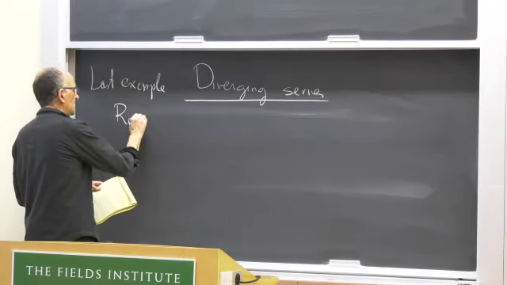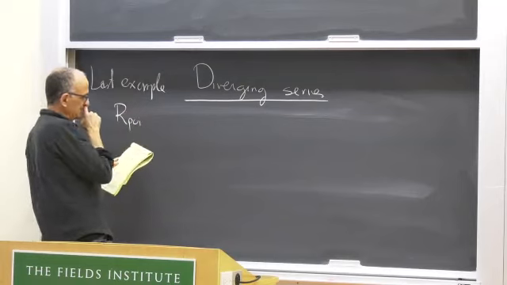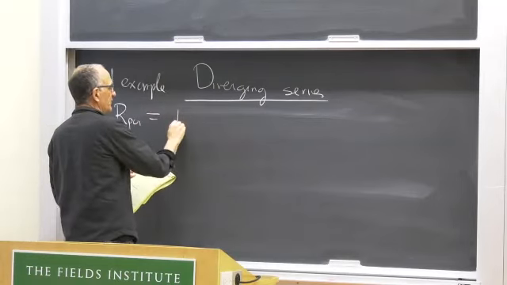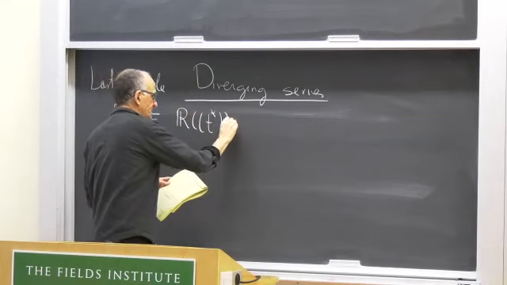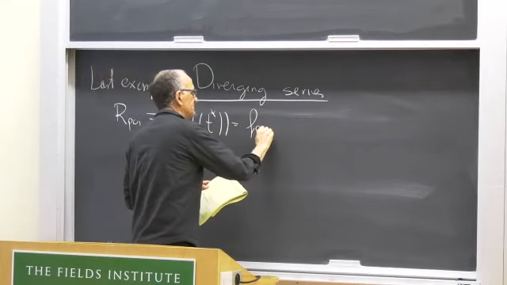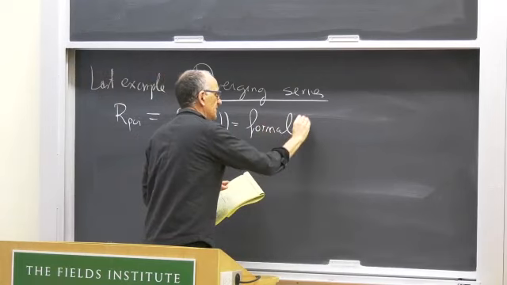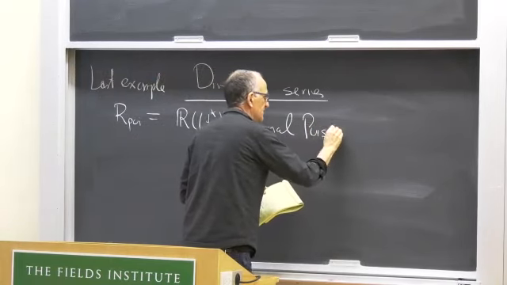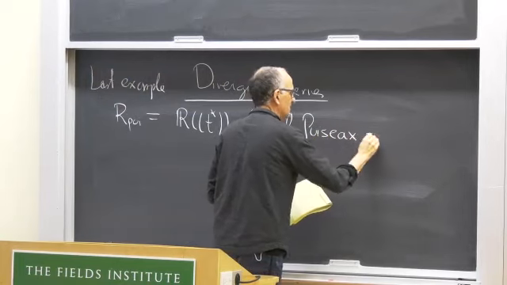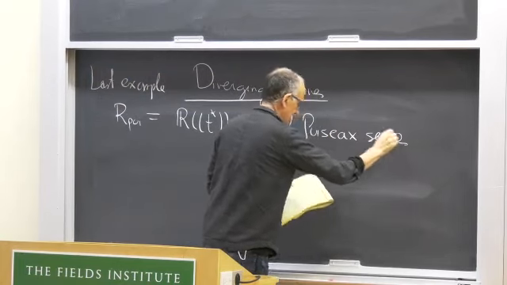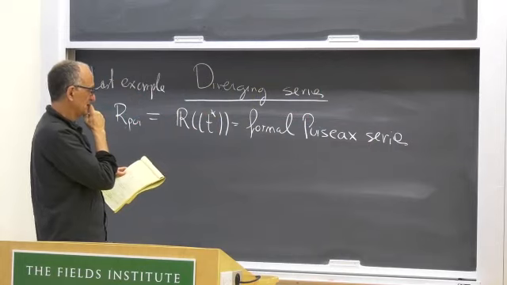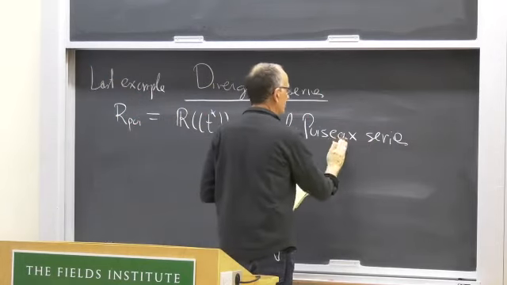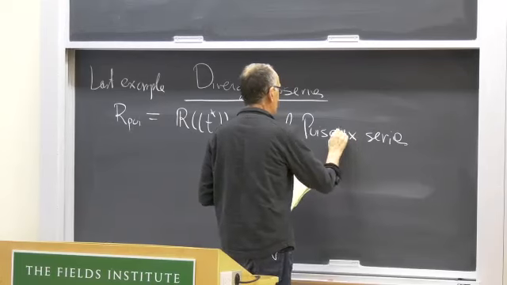So let's start with the real field itself, the real closed field, R puis, the field of Puiseux series, formal Puiseux series. Let's see if I can get it spelled right this time. I can never get this right.